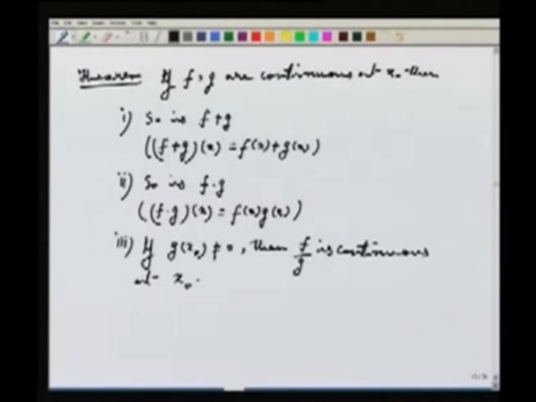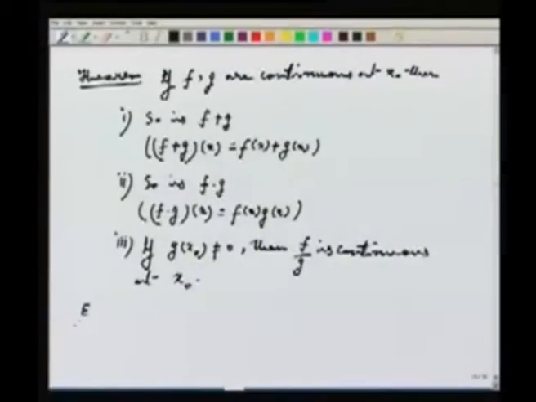But here in this third result, there is something which bothers us: can it happen that g is continuous at x naught, g is non-zero at x naught, but in every neighborhood of x naught g is 0?